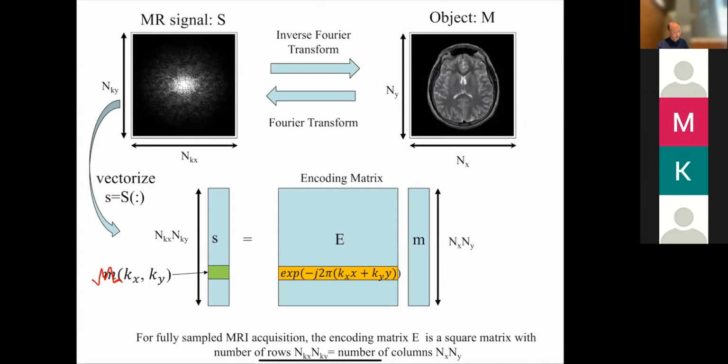Okay. So basically what I just said, we vectorized those matrices such that we now have the signal we measure equal to the object we care about multiplied by the encoding matrix. And so now everything becomes in the realm of linear algebra, all right?